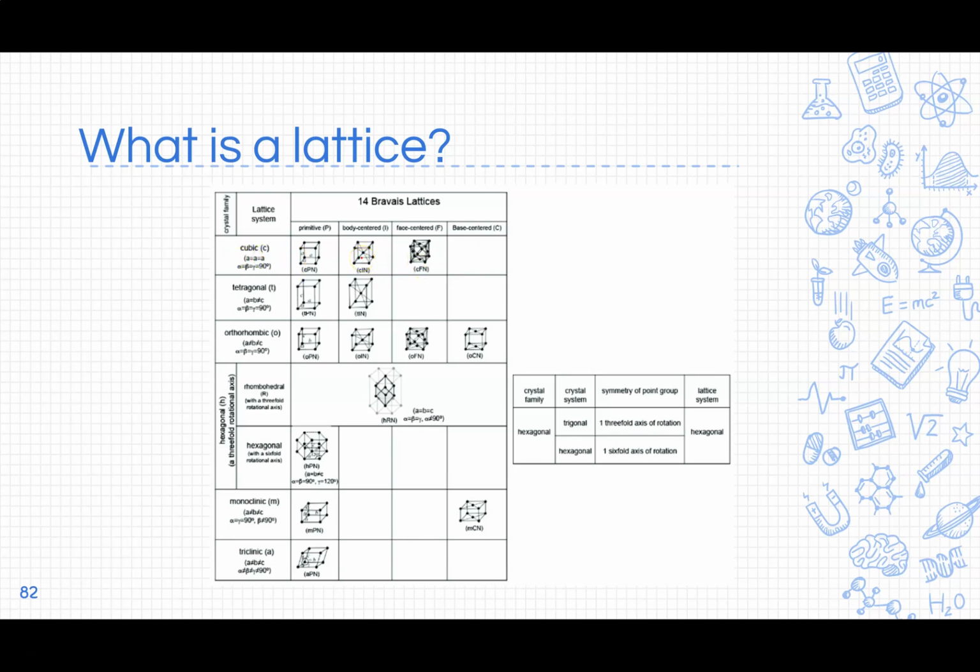You'll see all these different options, right? This is going to be beyond the scope of our course, so you don't need to be able to identify what kind of lattice something has, but you do want to know that ionic solids form crystal structures known as lattices or as a lattice, and that different types of lattices have different properties.